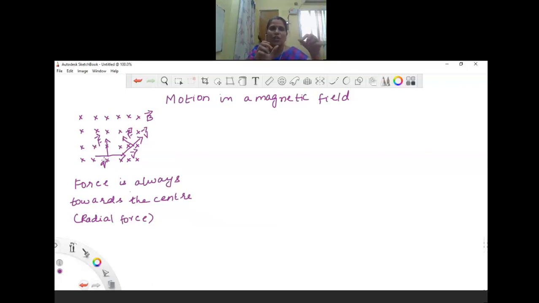Because here I have drawn that arrow mark, that is the wider one. If I narrow this one, in the presence of a magnetic field, the charged particle will move in a circular path.